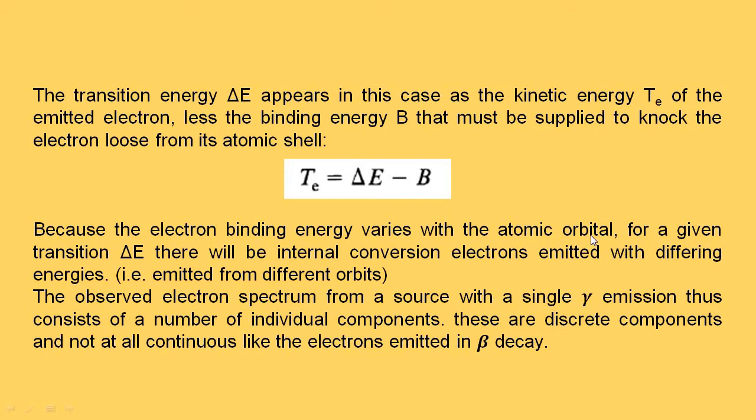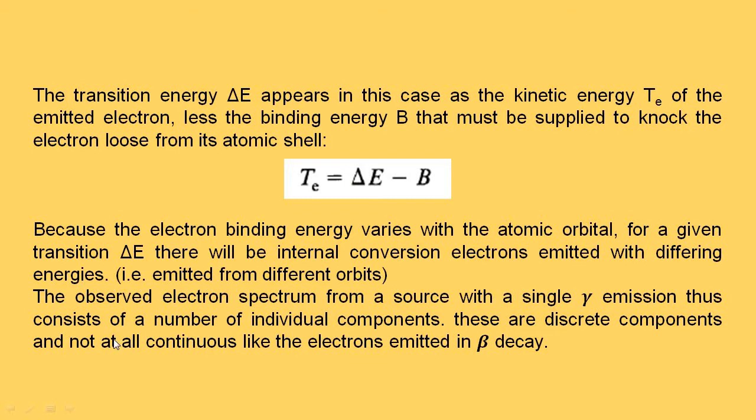That is clear, because the electron binding energy varies with the atomic orbital. You can see that for the K shell, the binding energy is maximum. So it is emitted with the minimum kinetic energy. For a given transition delta E, there will be internal conversion electrons emitted with differing energy, emitted from different orbits.